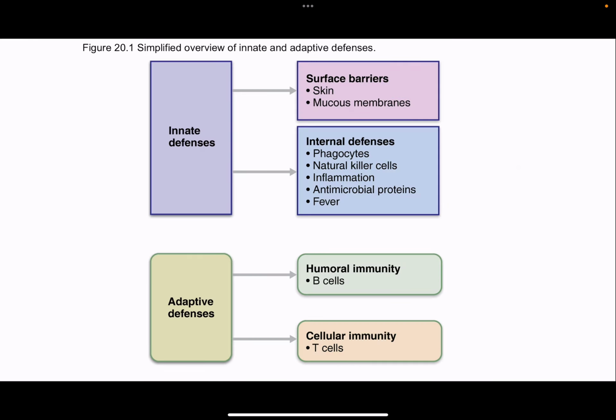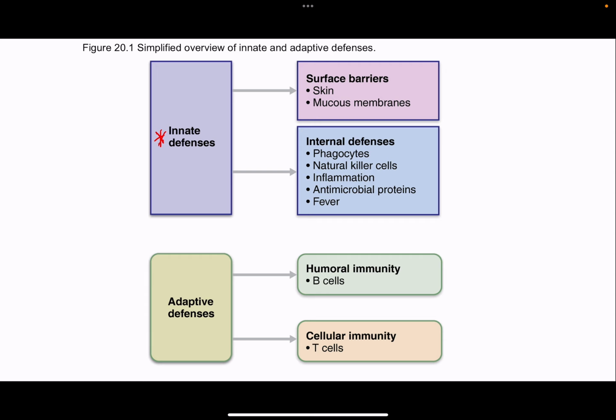All right. So how our immune system is divided, we have what are called innate defenses and adaptive defenses. And there are some descriptions of these in your lecture notes. The innate defenses are called innate because they're present from birth mostly. Some of these develop in the first few months of your life, but most of what's in this category is present from birth.